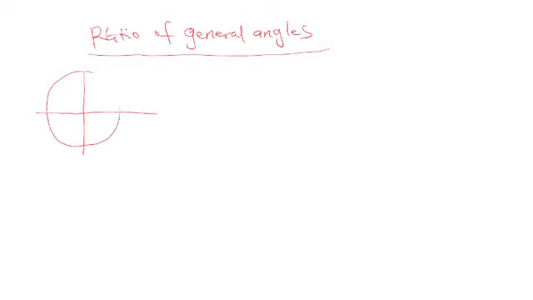Remember, we said this is a straight line with a circle. This is our y-axis and minus y, and this is our x-axis and minus x.